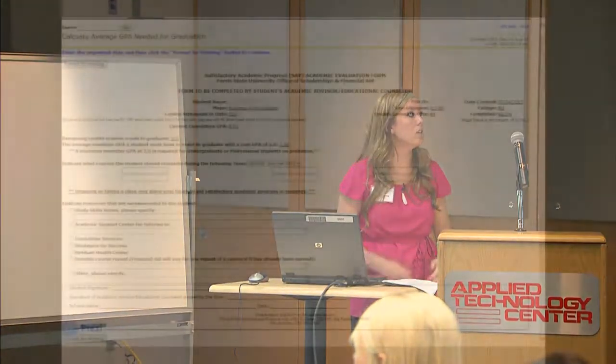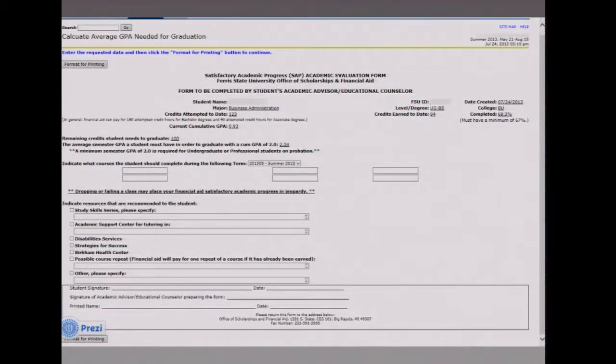So it asks you to indicate courses that the student will be taking, and then also indicate some resources that the student might be utilizing in order to be successful when going for their degree.